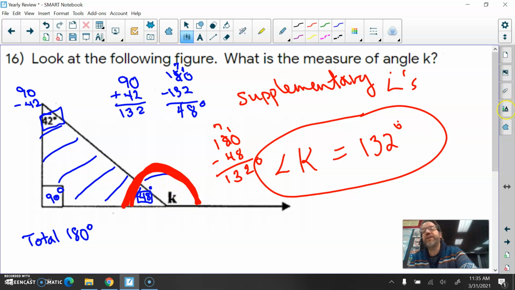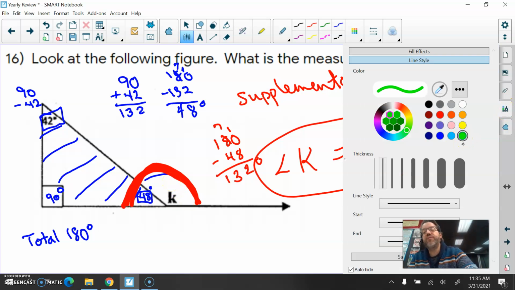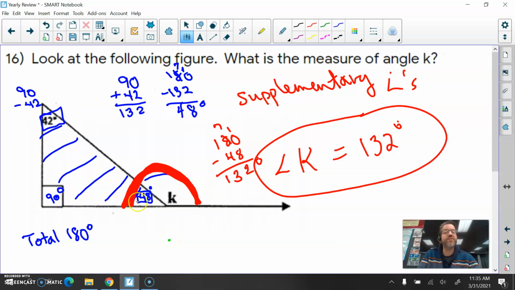One more thing that I probably, well, I wouldn't need to show you this, but I'm going to. Some of you might have already noticed, when you're looking at this triangle here, if you're trying to find this angle which is on the exterior here, or on the outside of the triangle, there is a rule in geometry that we didn't discuss this year, but you will see when you get to high school.